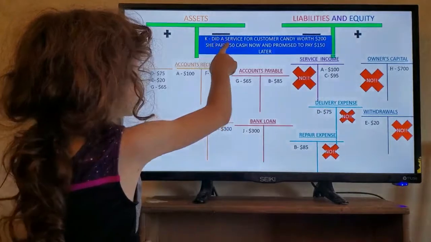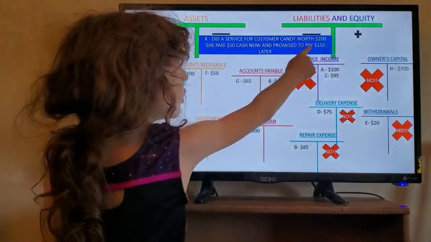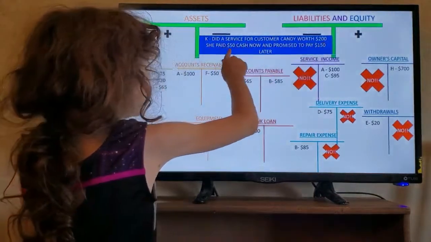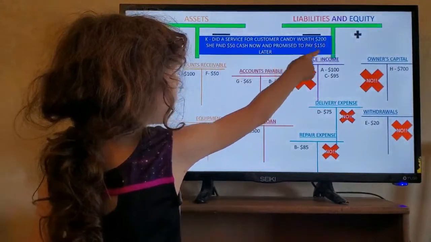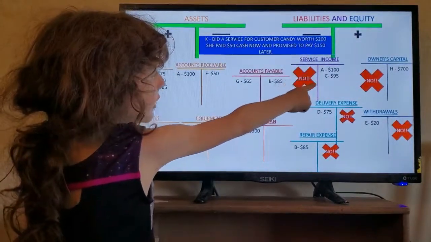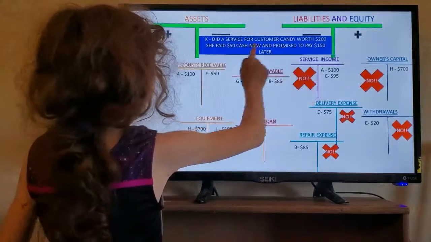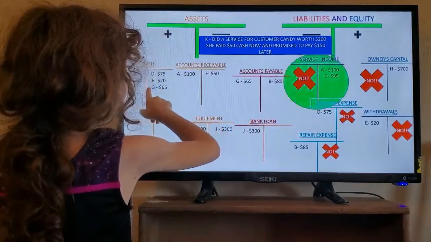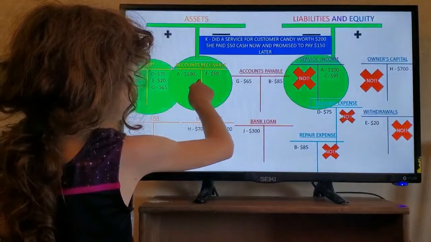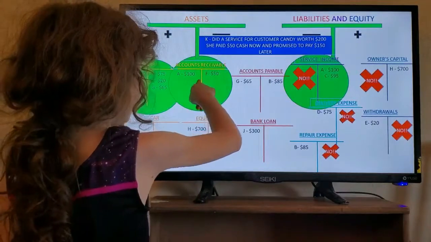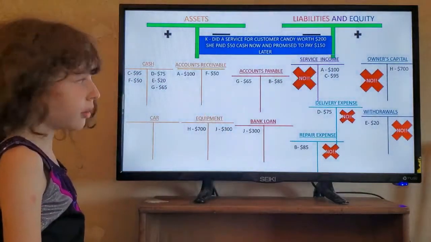Okay, did service for customer Candy worth $200. She paid $50 cash and promised to pay $150 later. So service income is $200, cash is $50, and accounts receivable is $150. And what are the debits and credits?